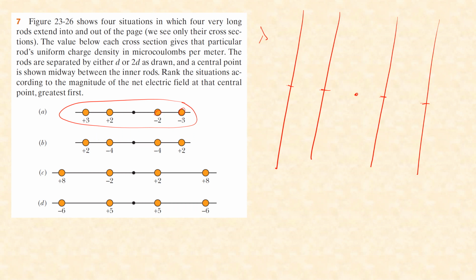What is the electric field of a long rod? An infinite rod. Who remembers that? The electric field of an infinitely long rod of charge density lambda. It was in terms of lambda.